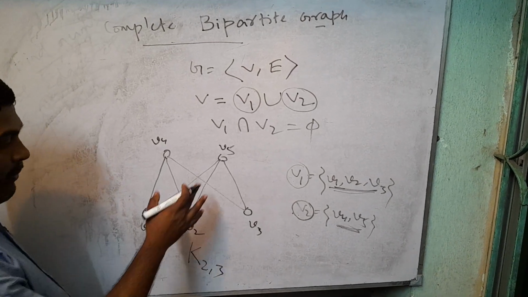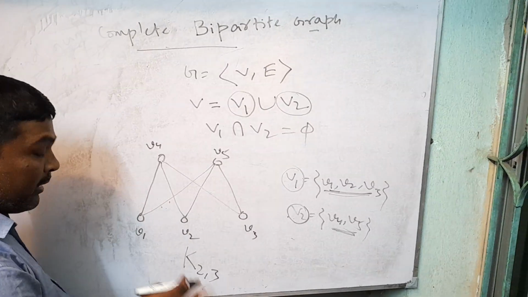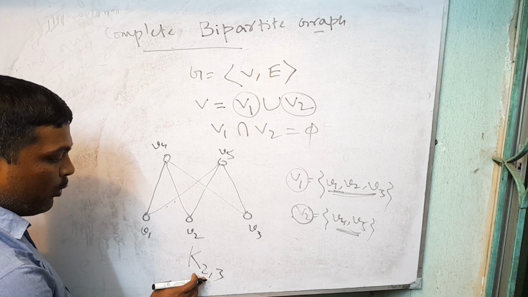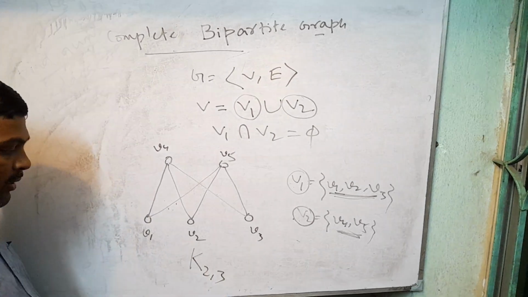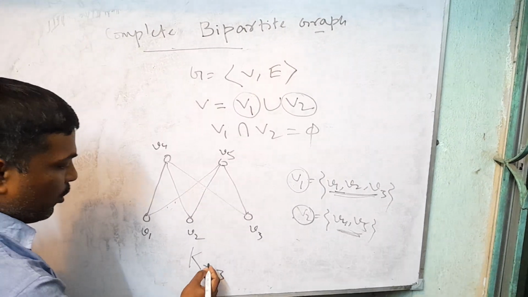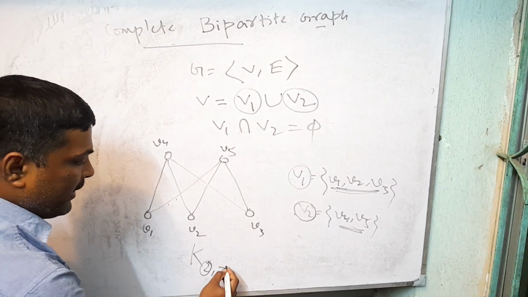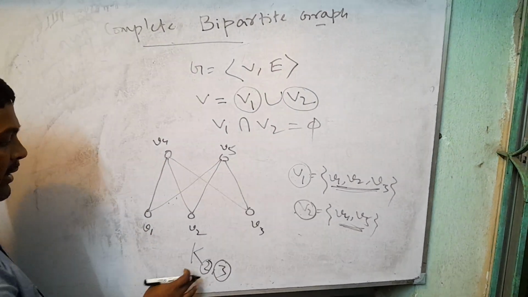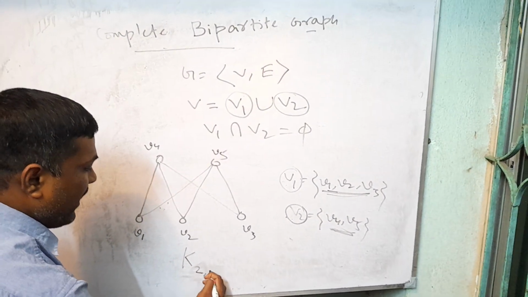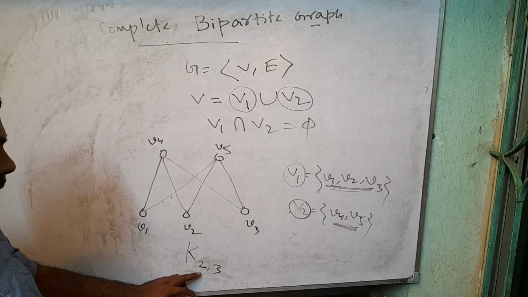The vertex set is partitioned into two vertex subsets: one contains only two vertices, the other three vertices. So this is K2,3, a complete bipartite graph having 5 vertices.